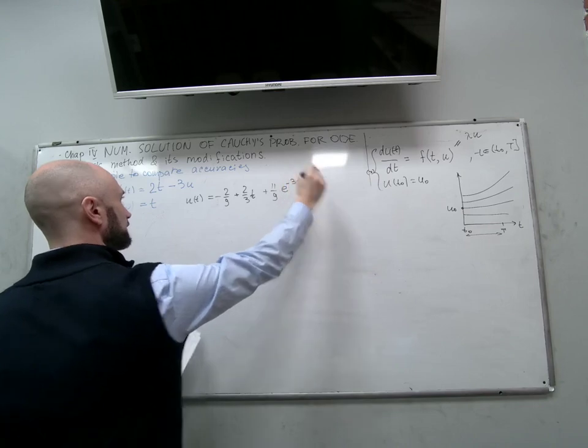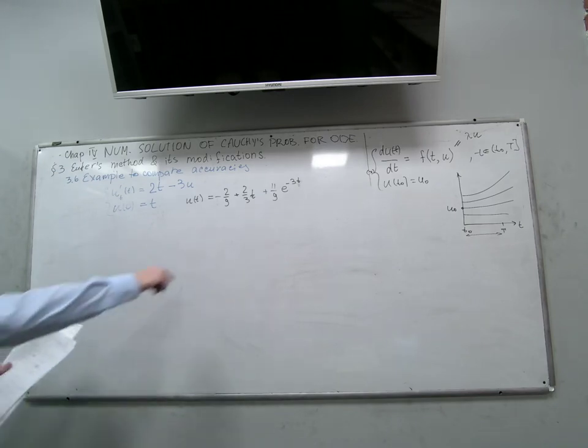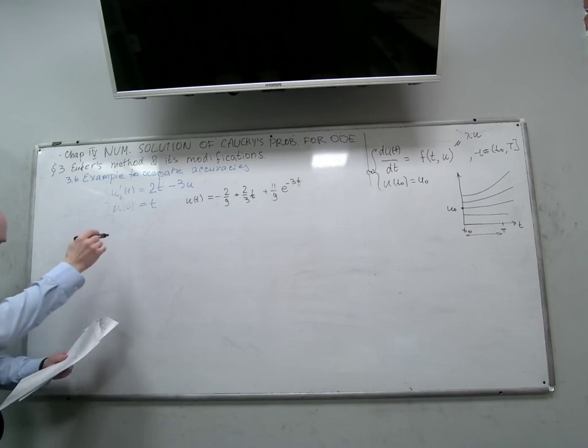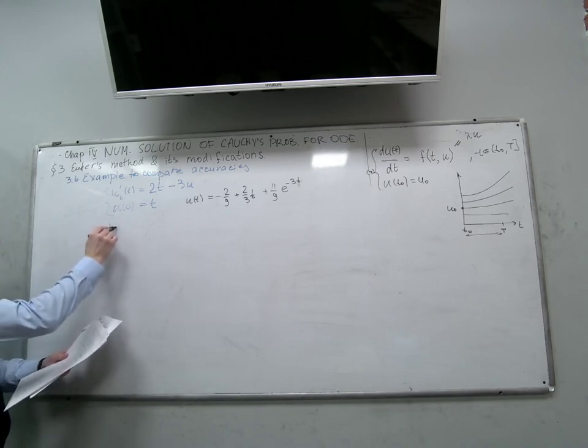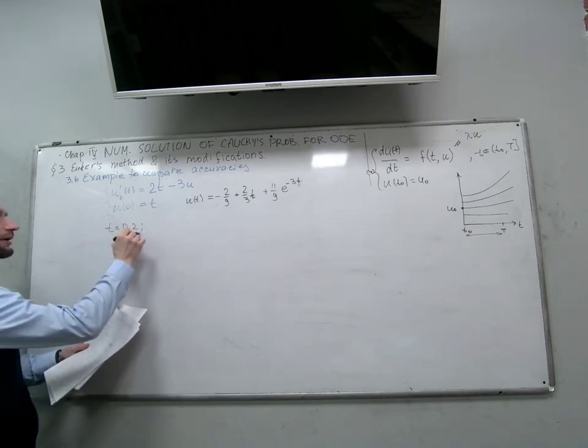Sorry, it's an effect of rewriting things from the book to write notes: x appears in places where t should be. Okay, so I will just show the results of various methods applied under these conditions.